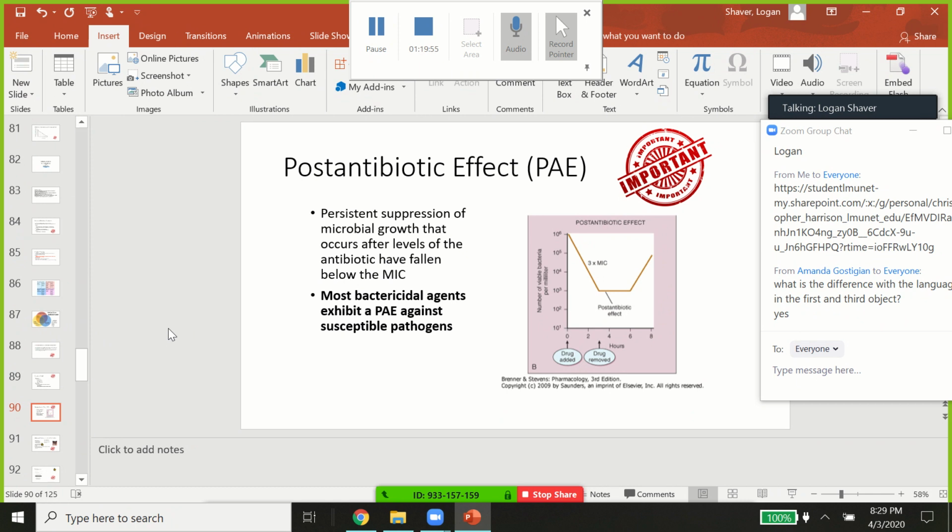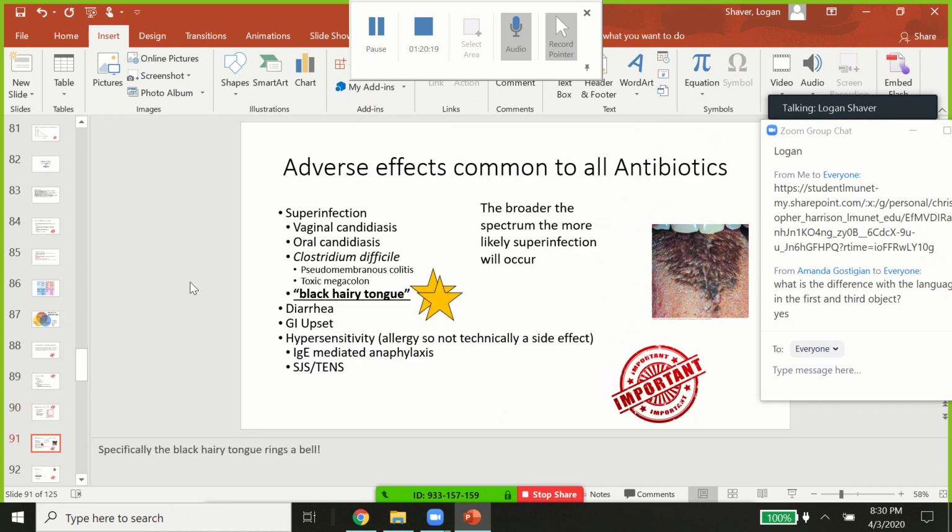If it's fallen below MIC, then it's no longer really having an effect, so the bacteria is allowed to grow, basically. Most bactericidal agents experience a PAE against susceptible pathogens. It's just something that tends to happen when you use treatment.